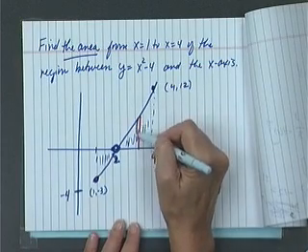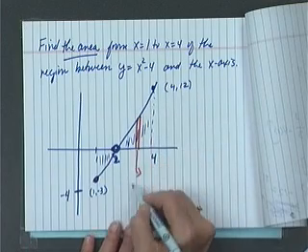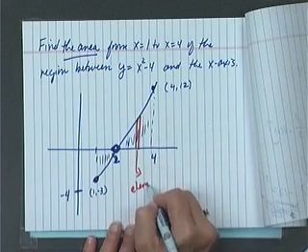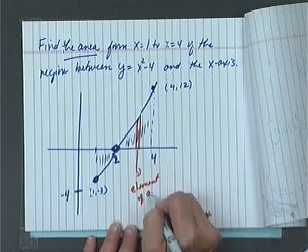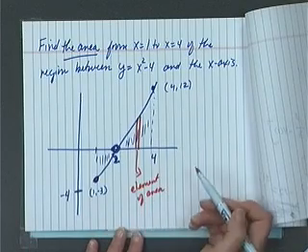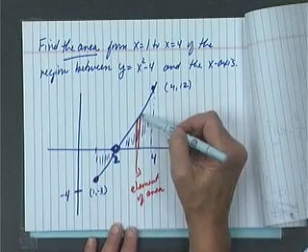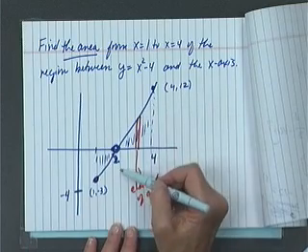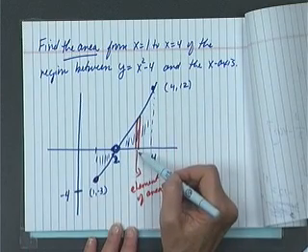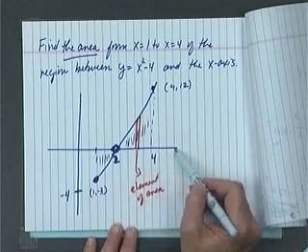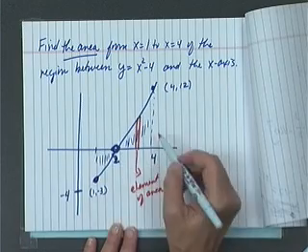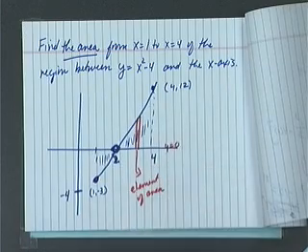We just put in a little element of area. You want to put in a little element of area because that way you can tell which curve is on top and which curve is on bottom. What's this bottom curve called? Y equals 0.